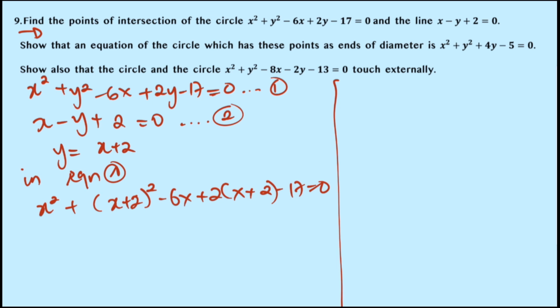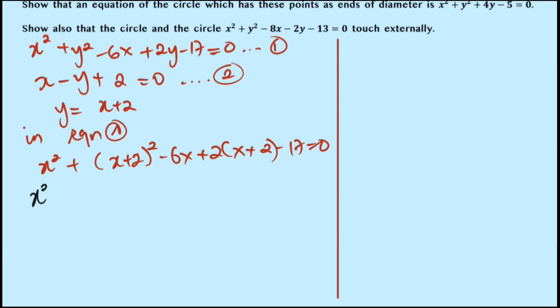Let me just map this out now before it's too late. Okay, then this will give us x squared plus x squared plus 2 times x is 2x, so we have 2 x's, which makes 4x plus 4 minus 6x plus 2x plus 4 minus 17 equal to 0. Then we bring the like terms together.